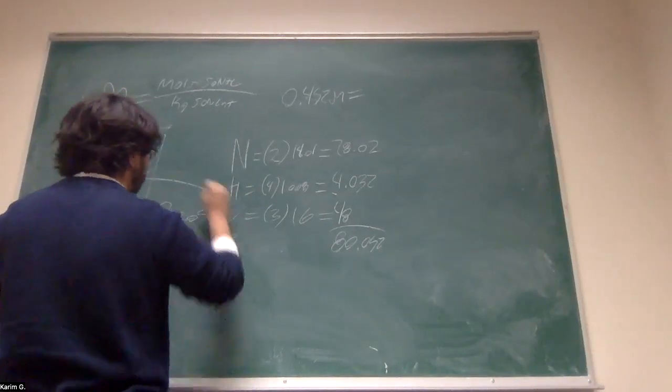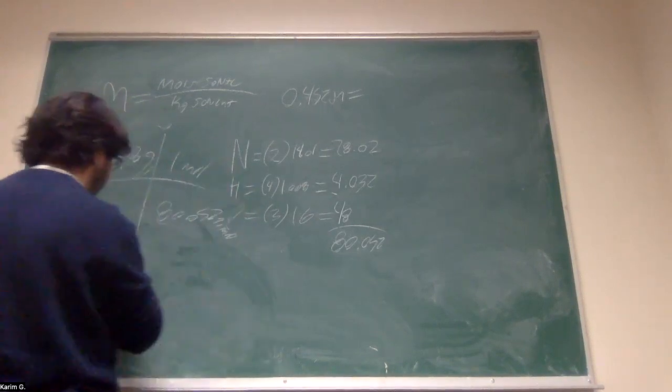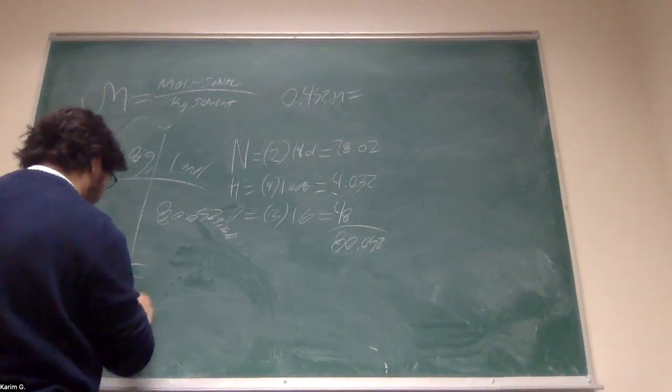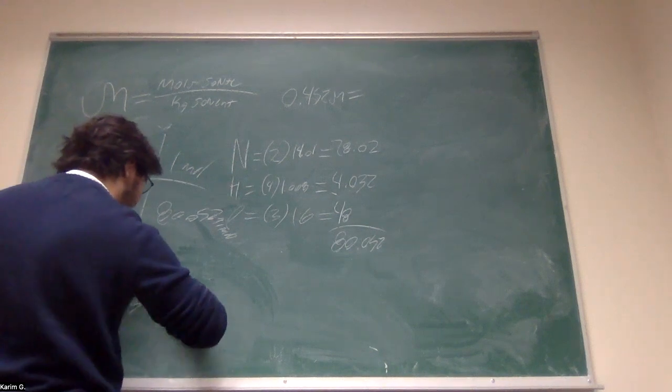This gives you 27.8 divided by 80.052, which is 0.35 moles.